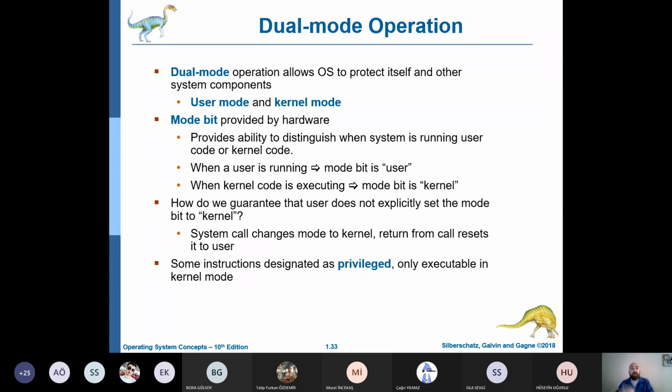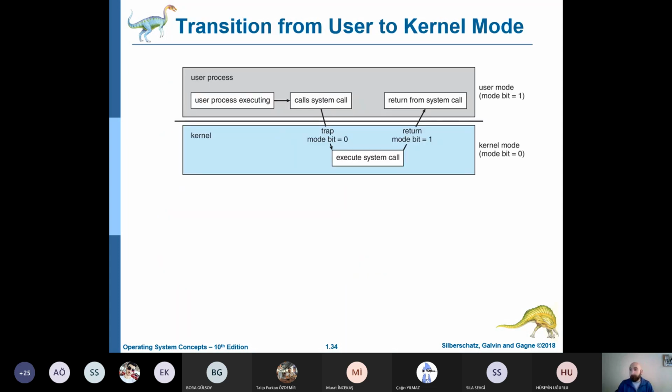Based on the system call, the operating system changes the mode from user mode to kernel mode, serves our request, and we can return to user mode to fetch that data again. So this is the transition from user to kernel mode.